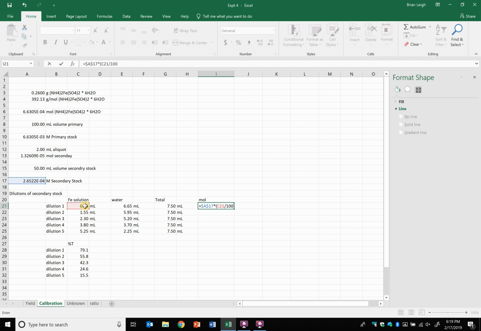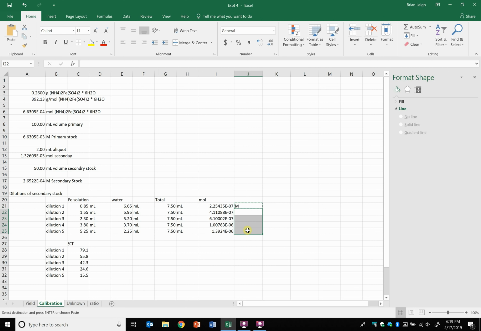But once again, those have to be put into liters. And we'll see that we put in a variety of concentrations, from 2.25 times 10 to the minus 7th up to 1.39 times 10 to the minus 6. Those are the number of moles, actually, I should say. Not the molarity, it's the moles of those compounds.